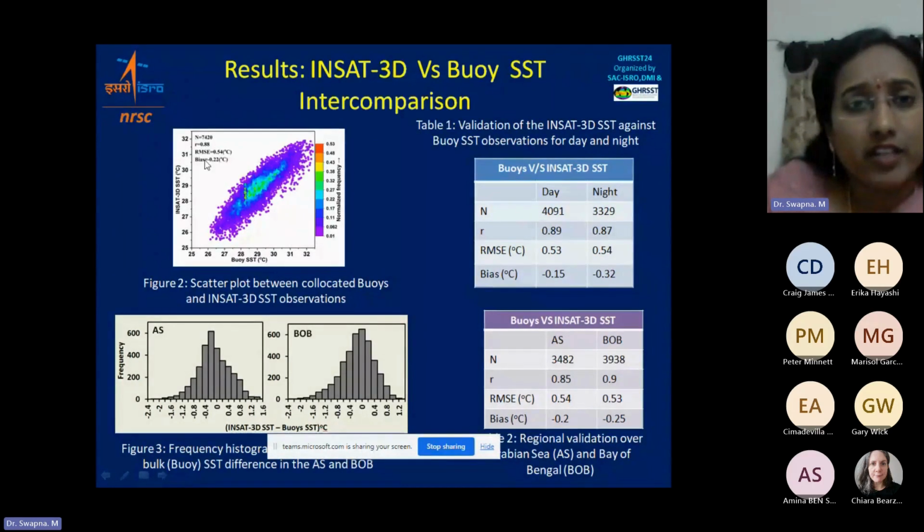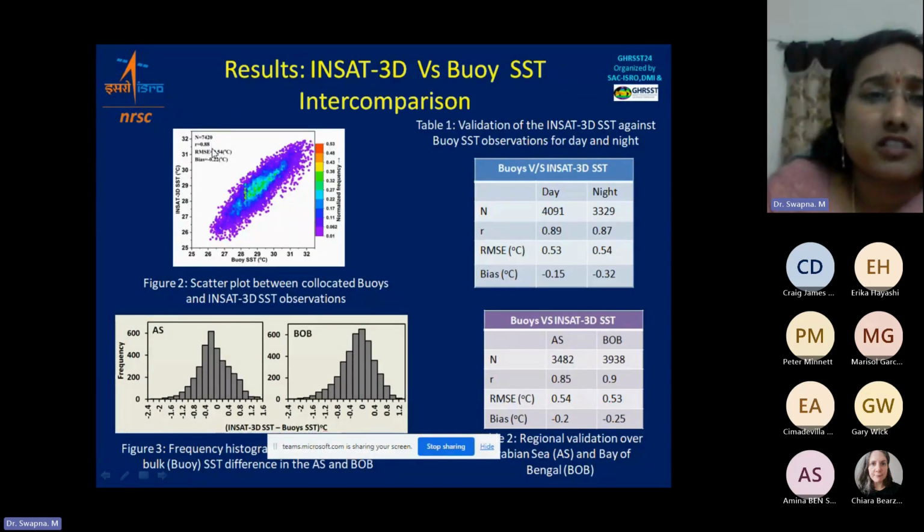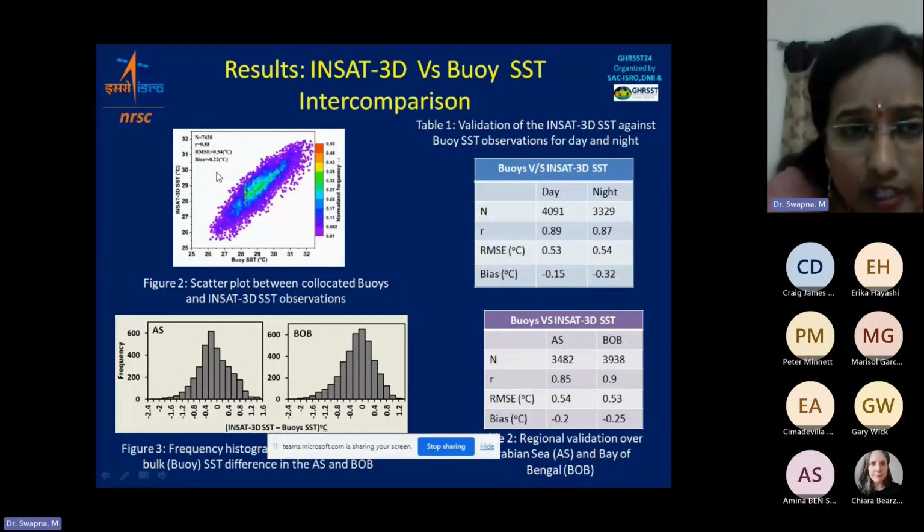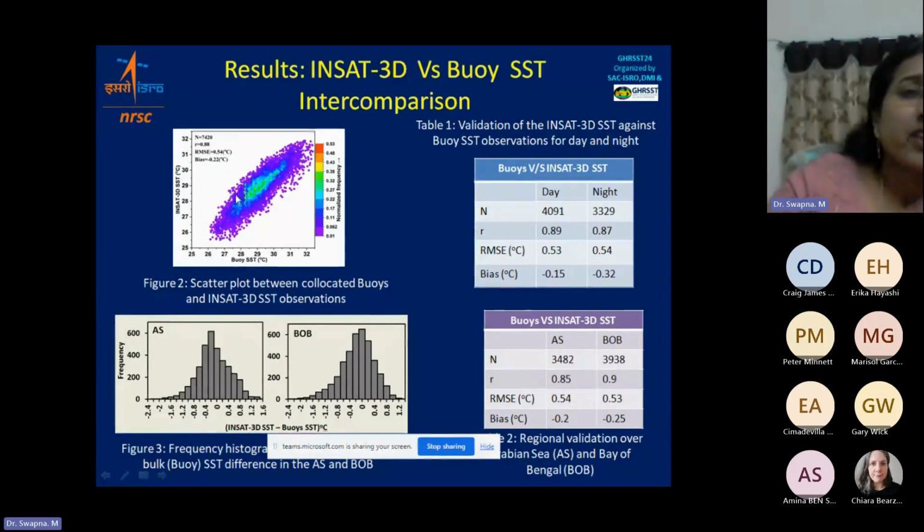I have found a very good number of observations, around 7,420. The correlation coefficient is very strong, 0.88. The error is 0.54 degrees centigrade, and the bias is minus 0.22 degrees centigrade.